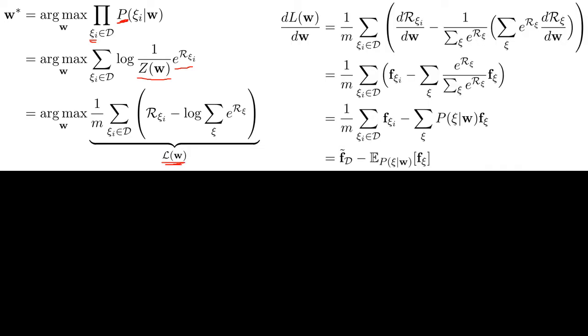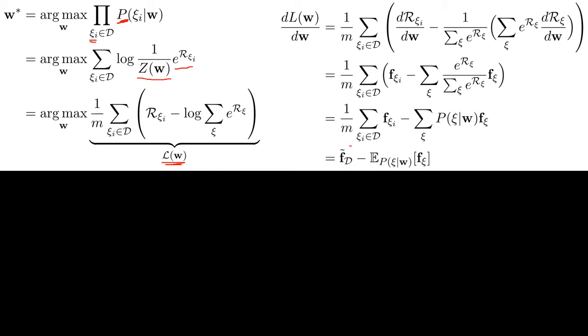And we want the W that accomplishes that. So if we substitute what we have been writing, P has this form with the normalization and the exponential of the reward. Then we apply the log, and we get a loss function that we want to maximize. Then we differentiate this loss function in order to get the gradient.